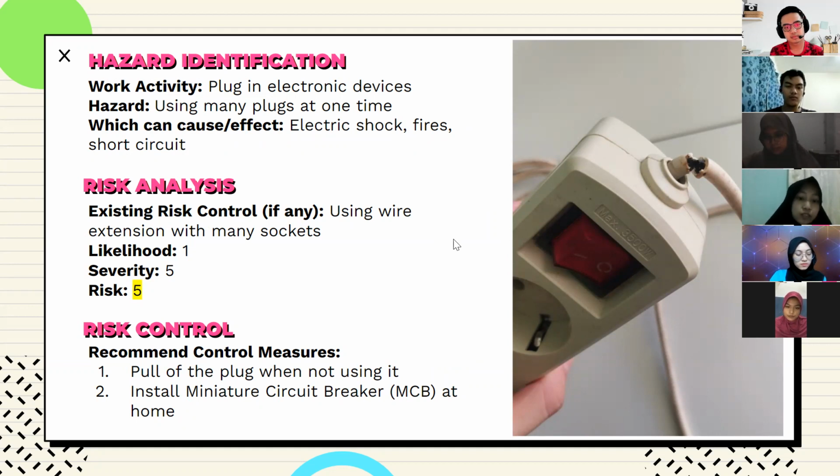The existing risk control is using a wire extension with many sockets. The risk is 5, which is medium level, and the recommended control measures are to pull off the plug when not using it and install a miniature circuit breaker at home, of course.